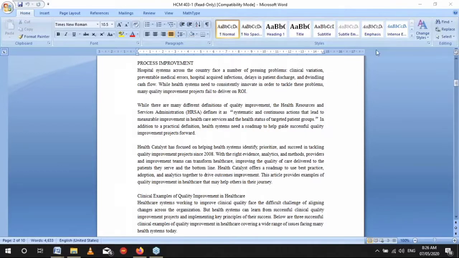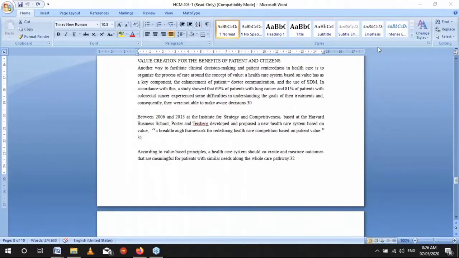I explain to you that the simpler way for you to understand what value means is that value has to do with how much something is worth in terms of importance.